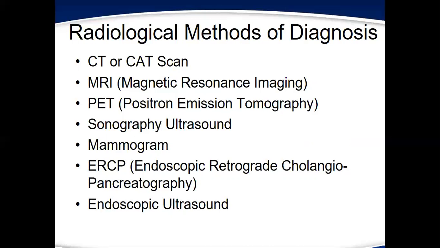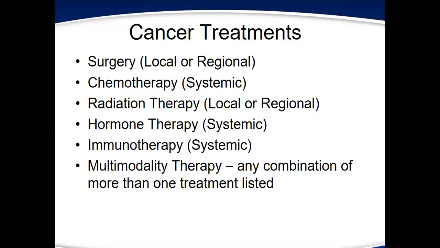Some are obvious. A mammogram is obviously used to diagnose a breast cancer. But some of these tests are used to diagnose a cancer or determine how far that cancer has spread.